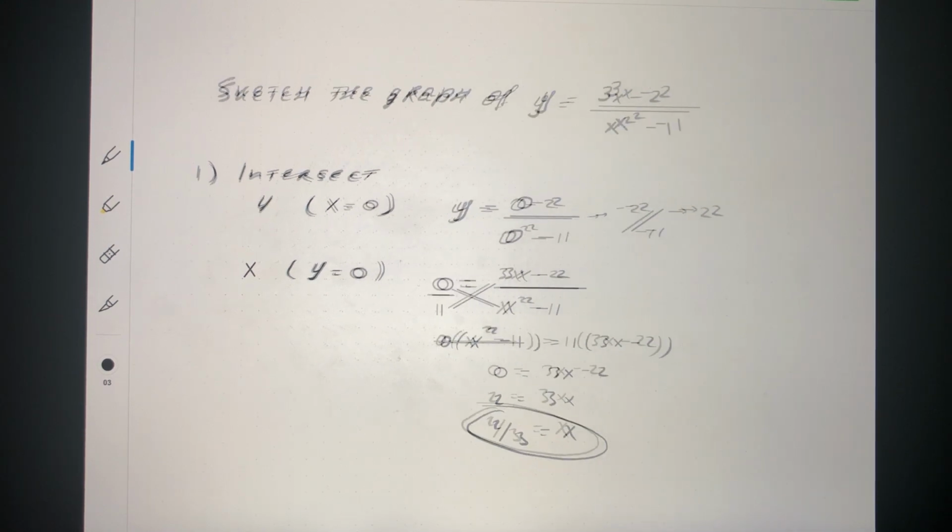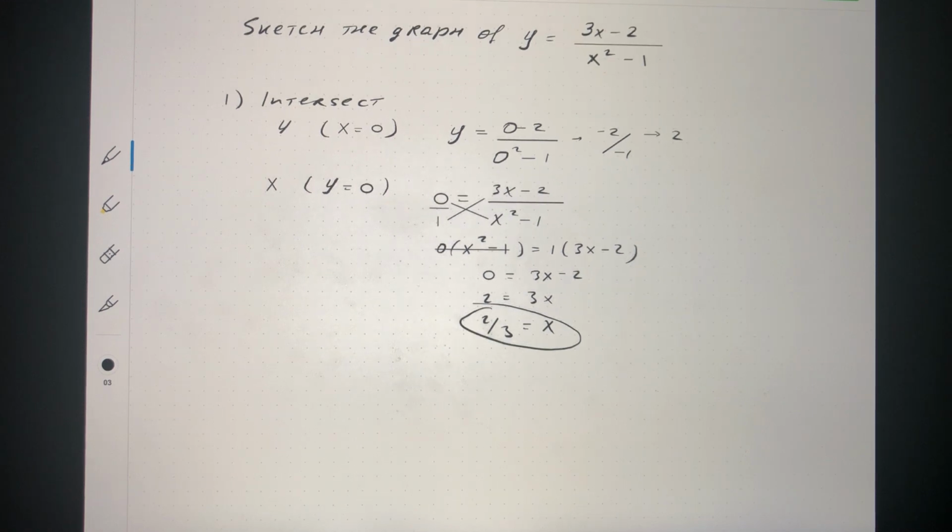Now, the next piece of information is the asymptotes. The asymptotes are lines, imaginary lines. They're not visible on the actual graph, but they are the lines that our picture will get really close to, but doesn't cross.